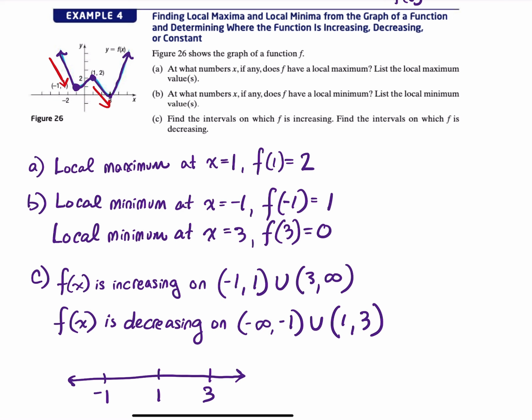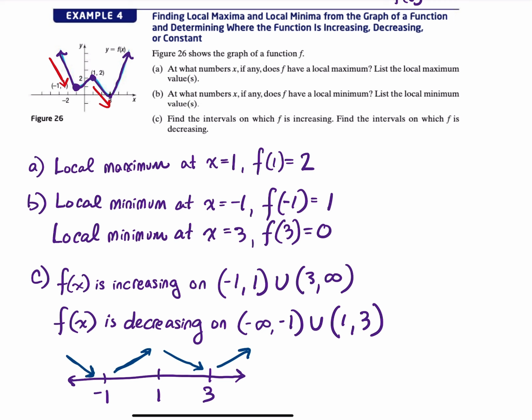I could draw something like this: it's decreasing, and then it changes to increasing, then it changes to decreasing, kind of flips back and forth, and then increasing from that point forward.